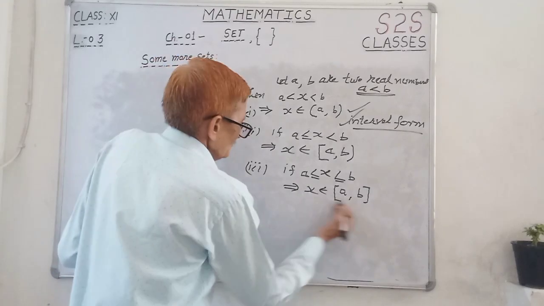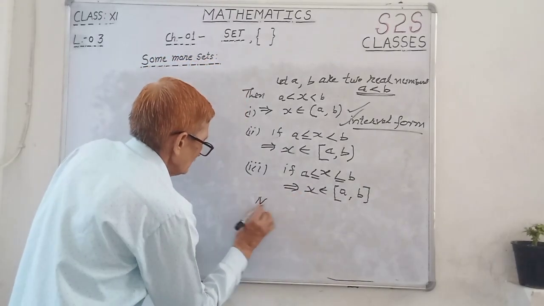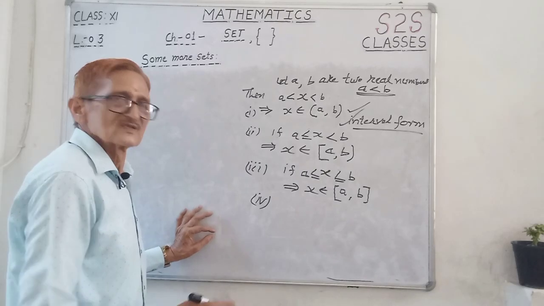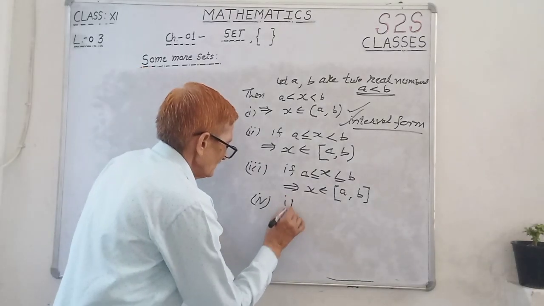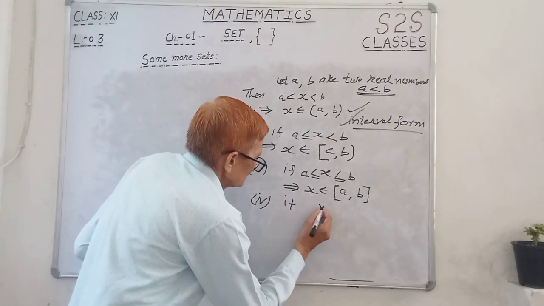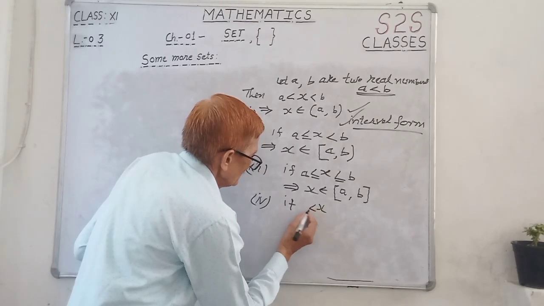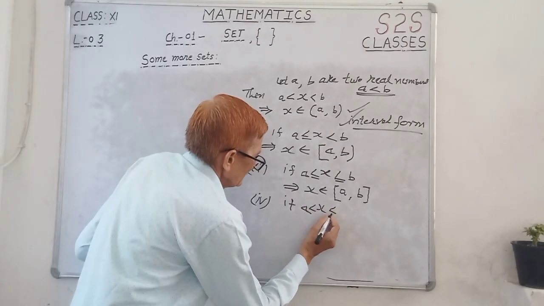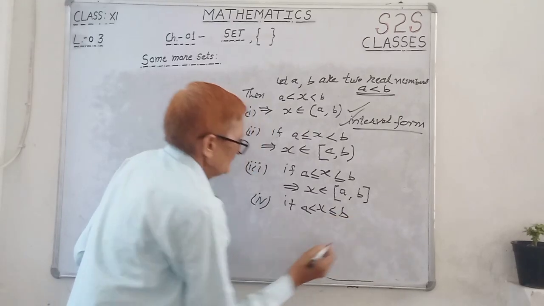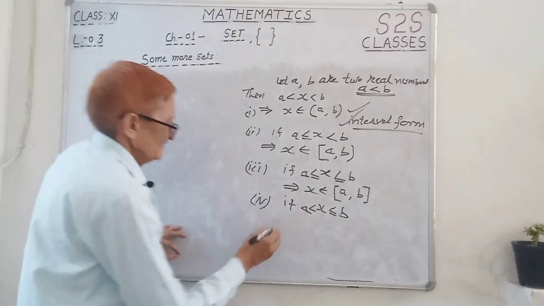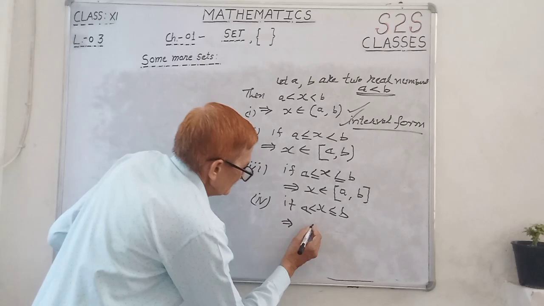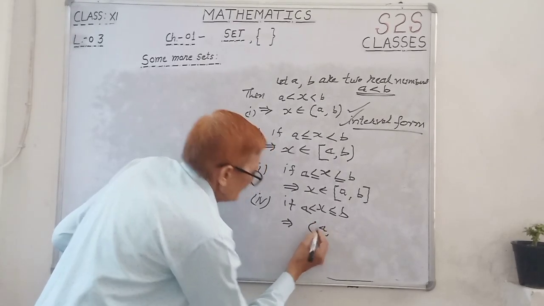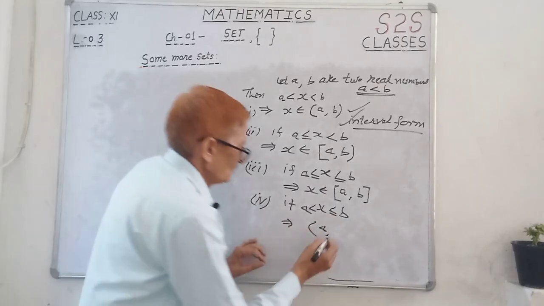And the fourth: if x is greater than a and less than or equal to b, then this implies (a, b]: a not included but b included.